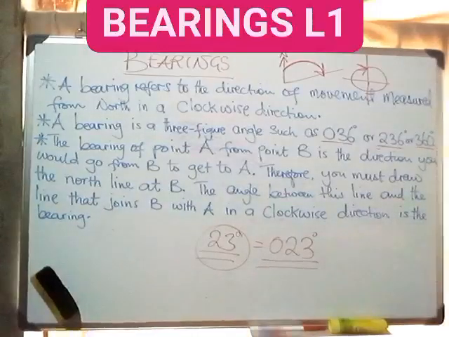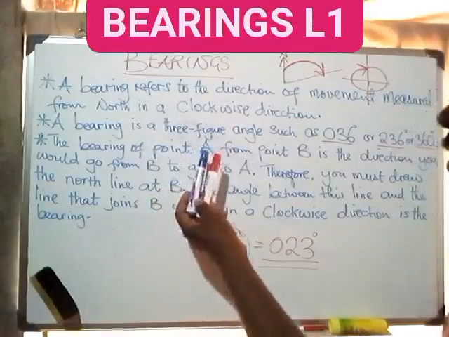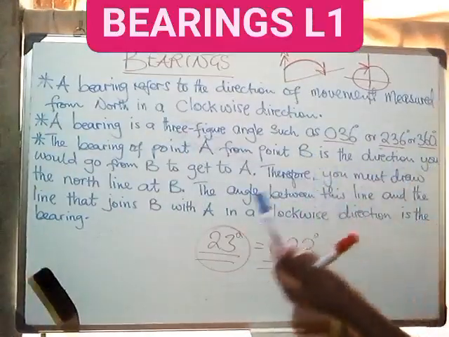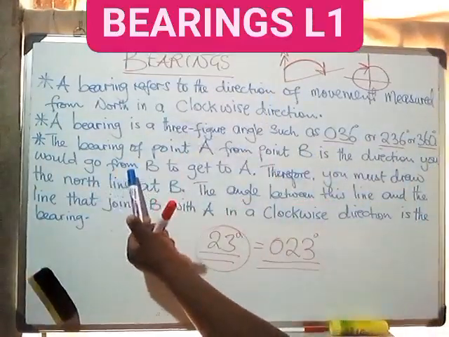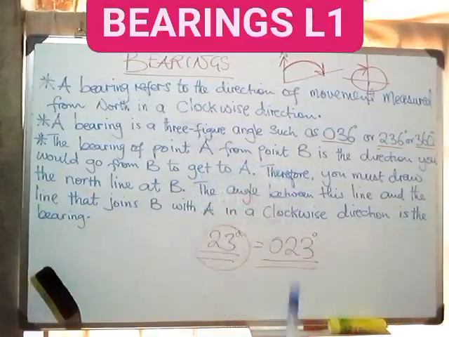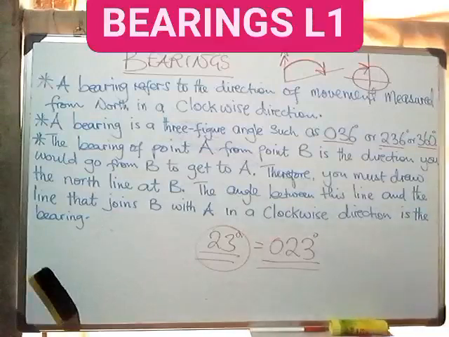Then the other point we are told is that the bearing of point A from point B is the direction you would go from B to get to A. So what does it mean?